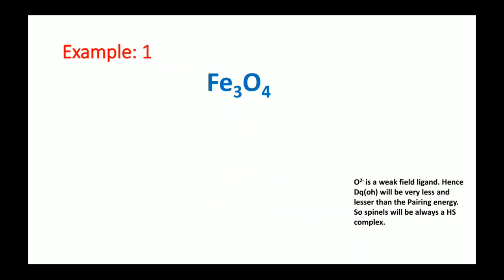So this Fe3O4 does not look like AB2O4, but if we write it like Fe3O4 as FeFe2O4, then we can understand it is an AB2O4 type of complex, and here one Fe2+ and two Fe3+ ions are there. So now we have to calculate the CFSE value of the Fe2+ ion and Fe3+ ion.